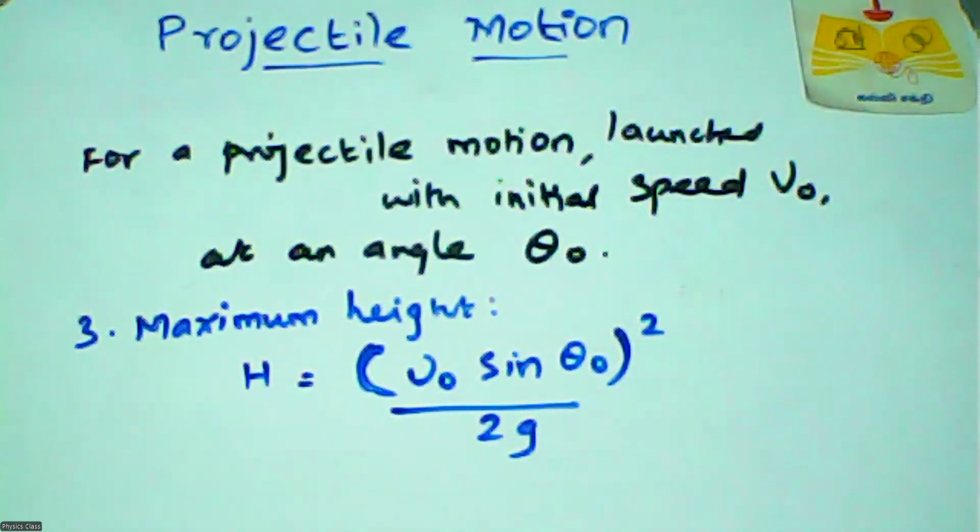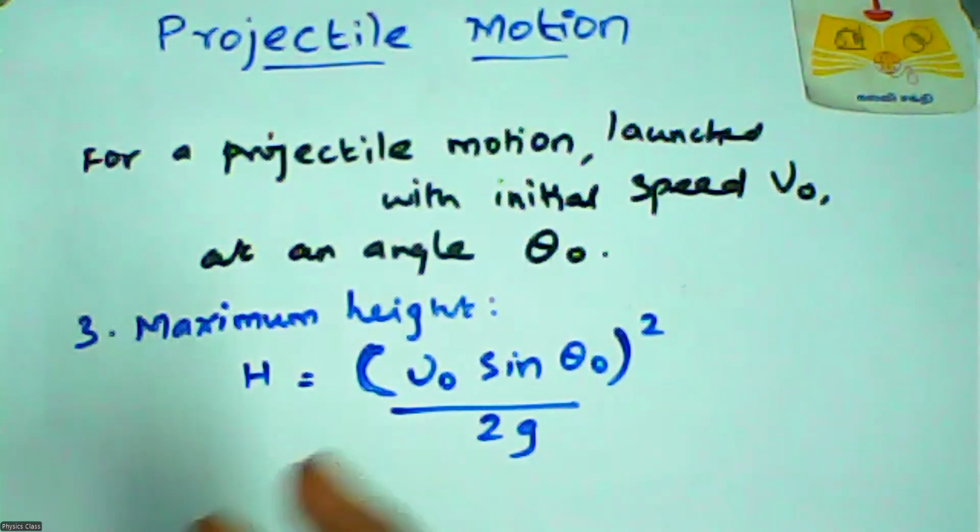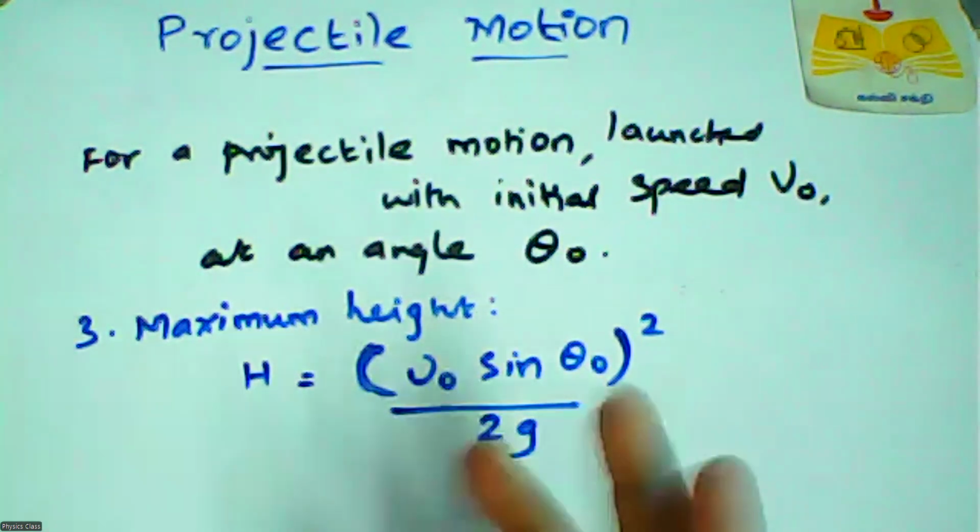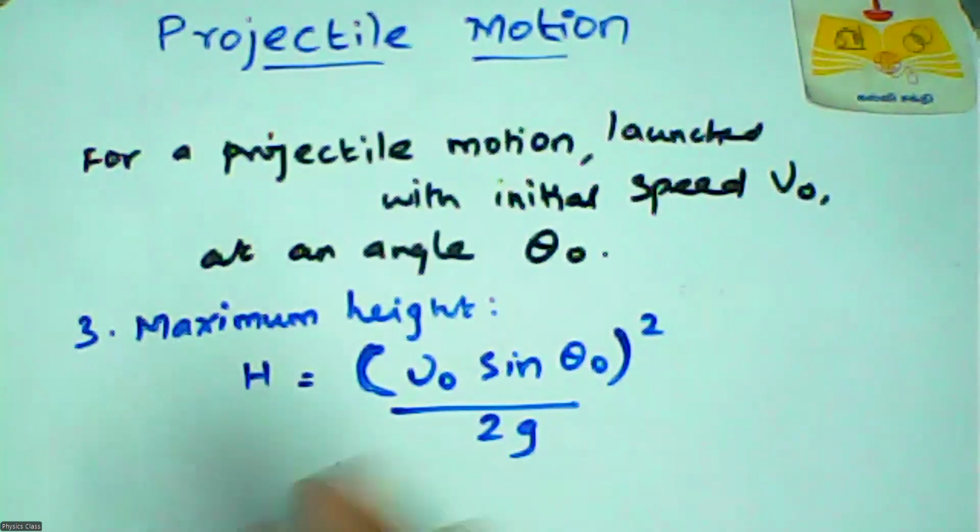To see this in action, we are going to use a PhET simulation. Pay close attention as I change the initial speed and launch angle, and see how the trajectory, range, and height change. I will share my screen now.